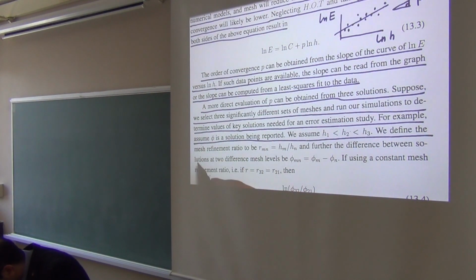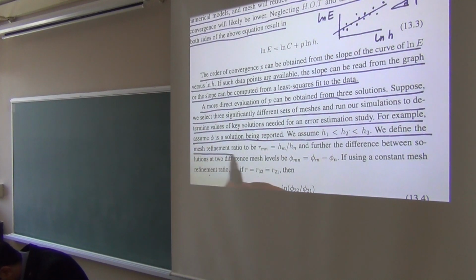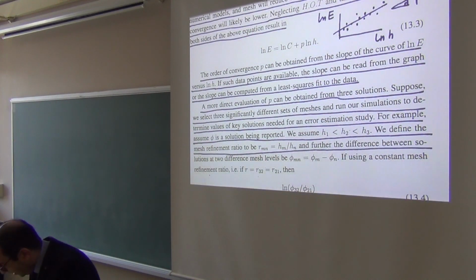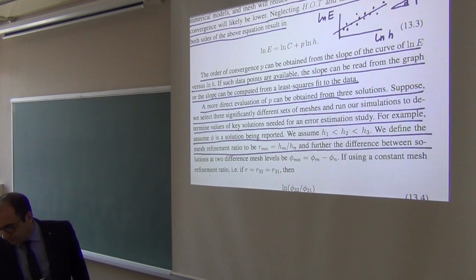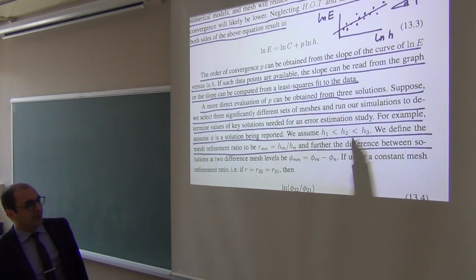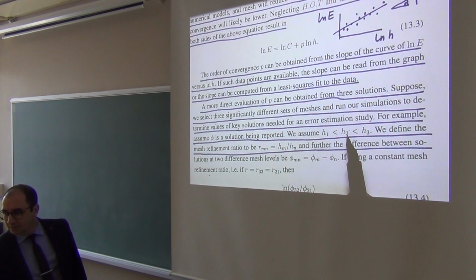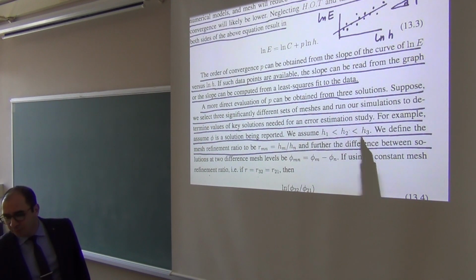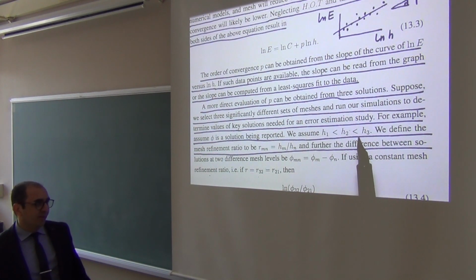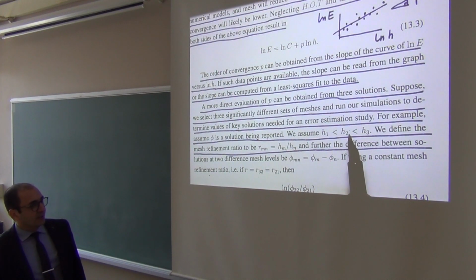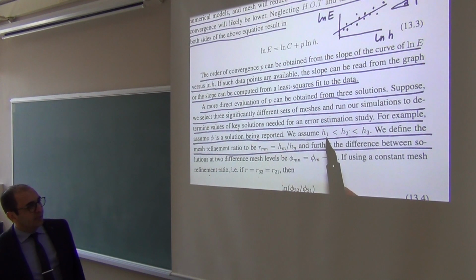Then we define the mesh refinement ratio, which means that it's the ratio of two adjacent levels of mesh sizes. So H3 over H2 is the refinement ratio. It could be 1, 1.5, 2, whatever it is. But suppose it's the same between H2 and H3 and H1, H2.